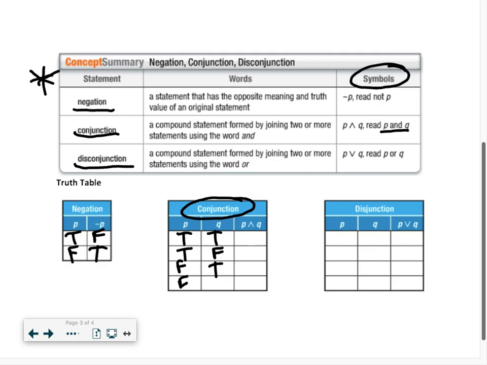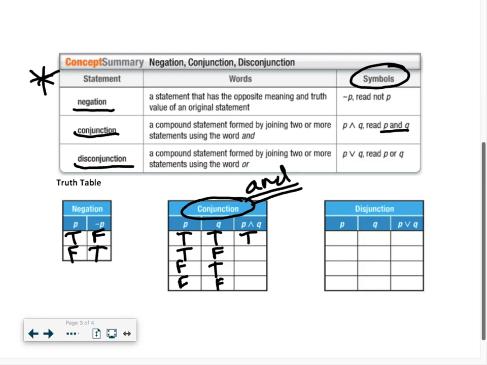So true, false, right? And then let's consider when we combine them. All right? So this is a conjunction, so this is an and. All right? So P and Q, true and true. Again, I tried to highlight this in those real examples we've already done. And is only true when both are true.